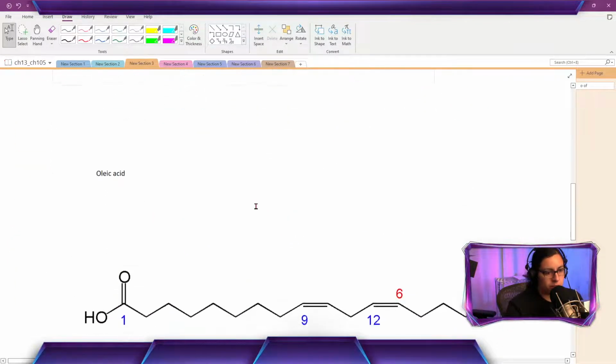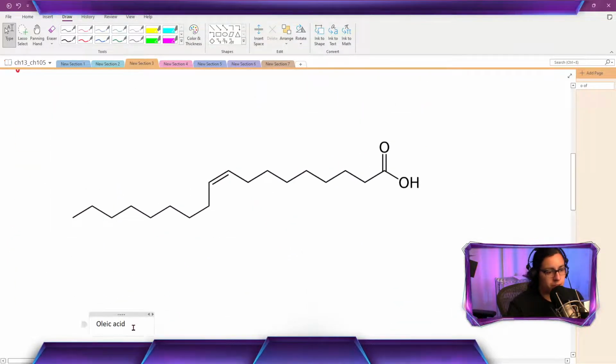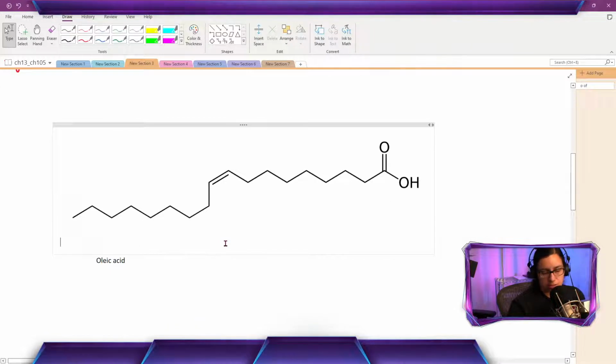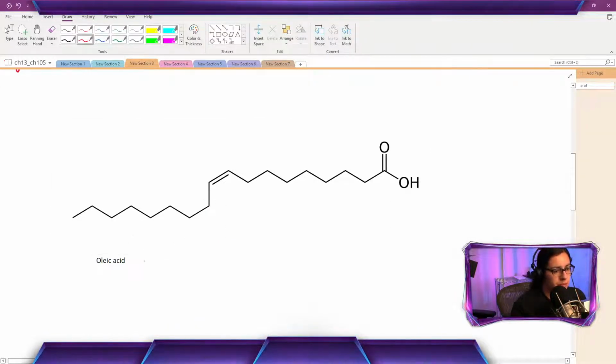And let's compare this to oleic acid. So this oleic acid is found, I believe, in olive oil. So let me look up the boiling point.